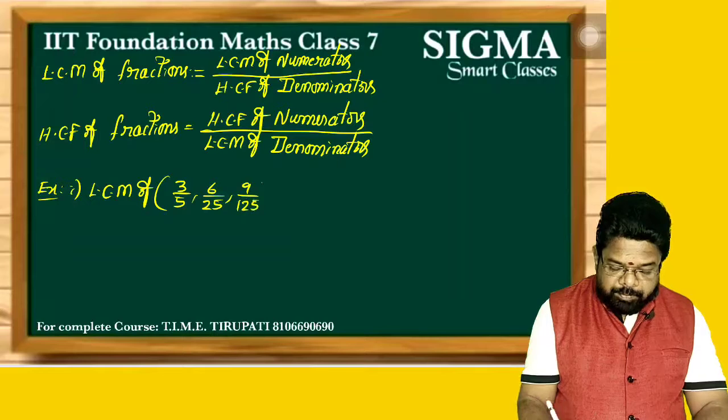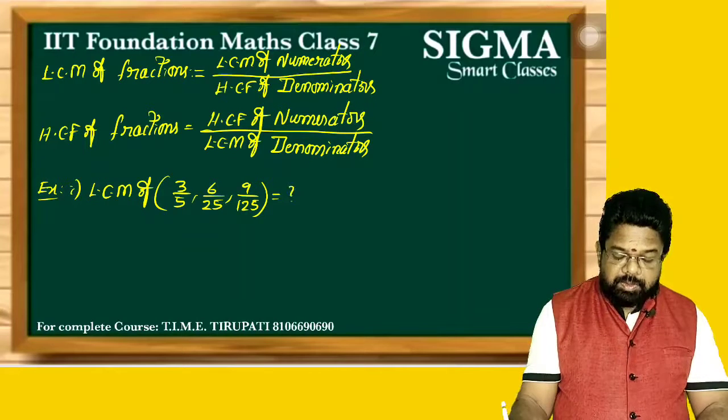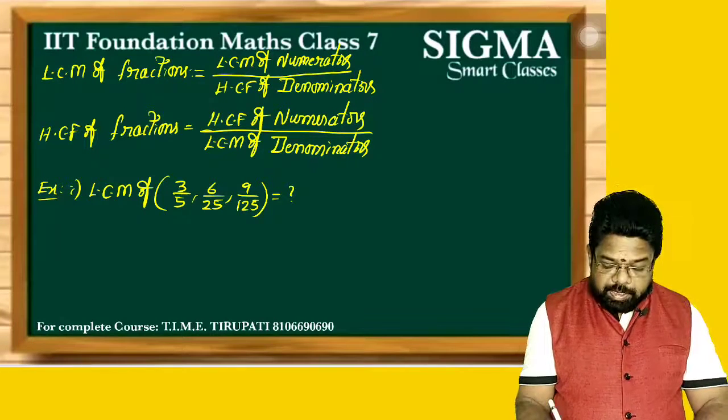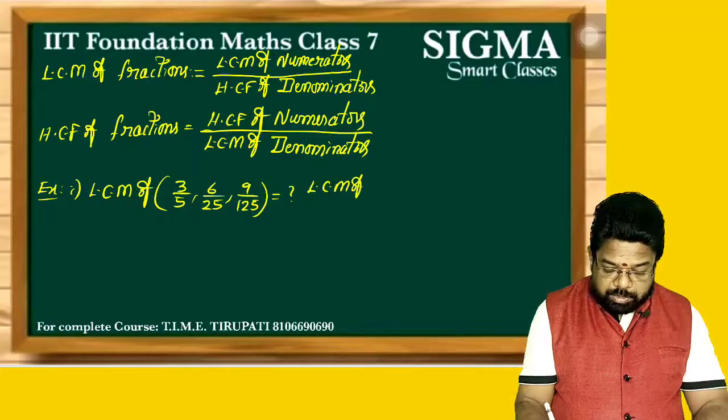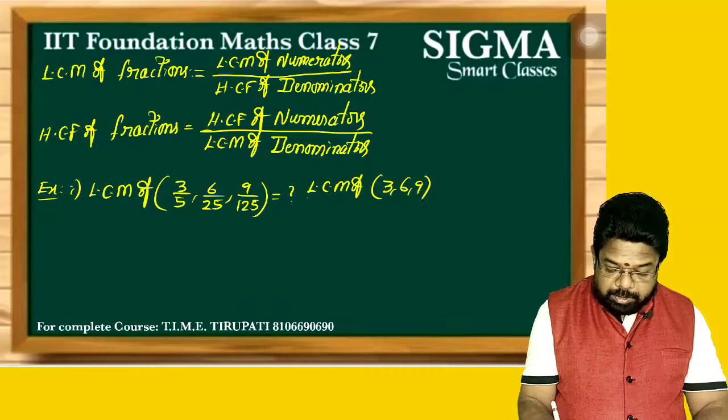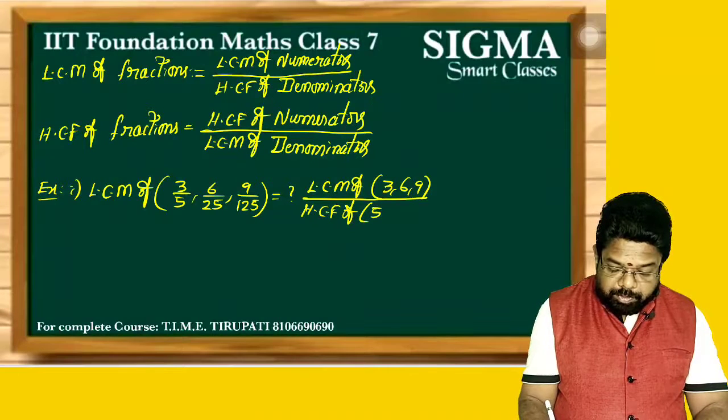What is our keynote? LCM of numerators, 3, 6, 9, divided by HCF of denominators, 5, 25, 125.